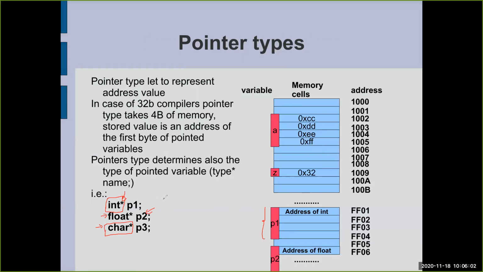So look, there is no difference in the size of pointers, but now I'd like to explain why we have so many different pointers. There is no separate memory space for ints, floats, chars, because we have memory, and in memory we can allocate a place for an integer, for a float, for a character, etc. But we store them in the same memory. So why do we have so many different types?